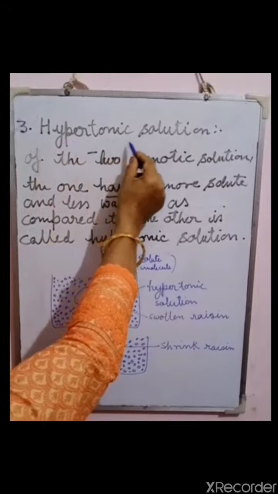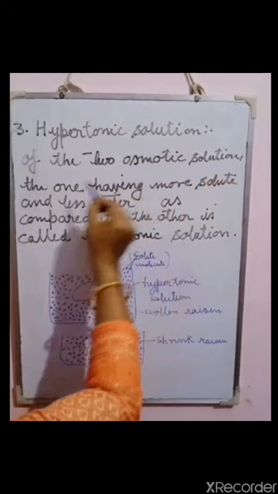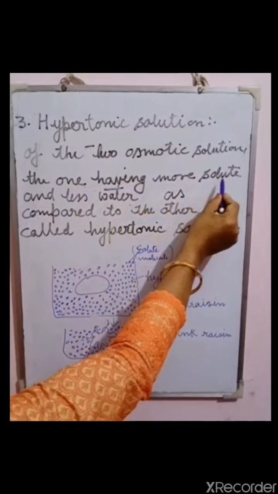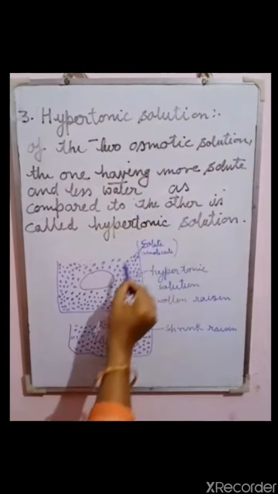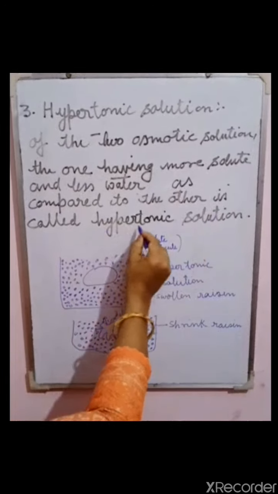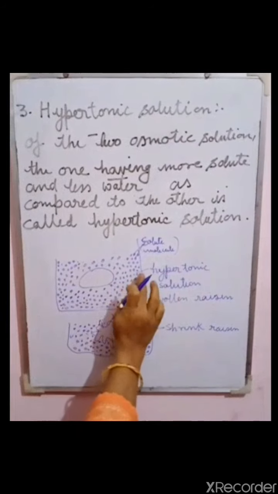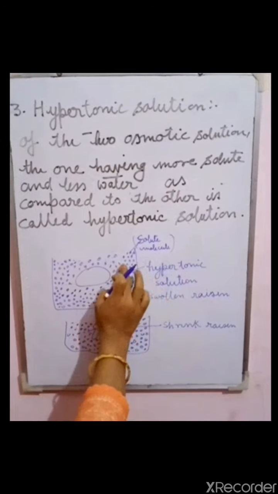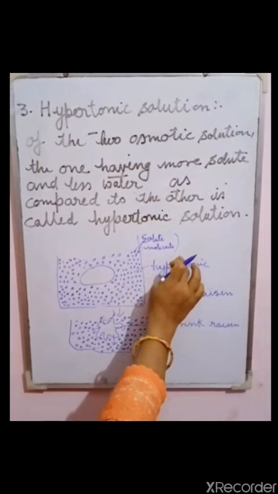The third is the hypertonic solution. Of the two osmotic solutions, the one having more solute and less water as compared to the other is called hypertonic solution. And here this solution is hypertonic because solute molecules are more and water molecules are less.